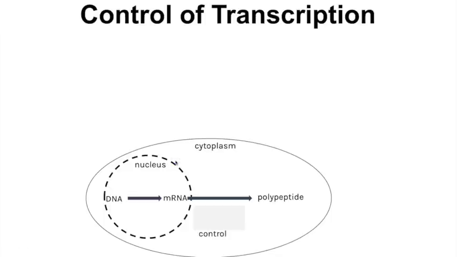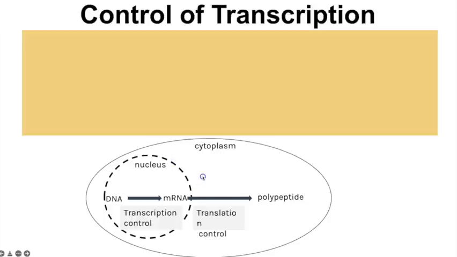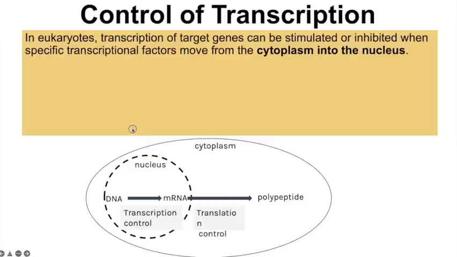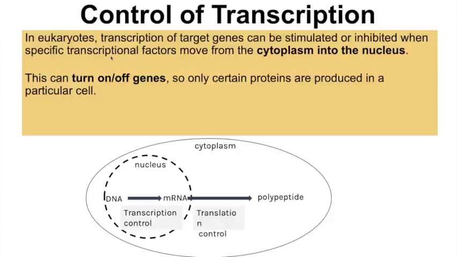And that leads us into transcription factors. So this is how transcription is controlled. We'll be looking at how translation is controlled later. So in eukaryotes, the transcription of target genes is stimulated or inhibited when specific transcriptional factors are moving from the cytoplasm into the nucleus.